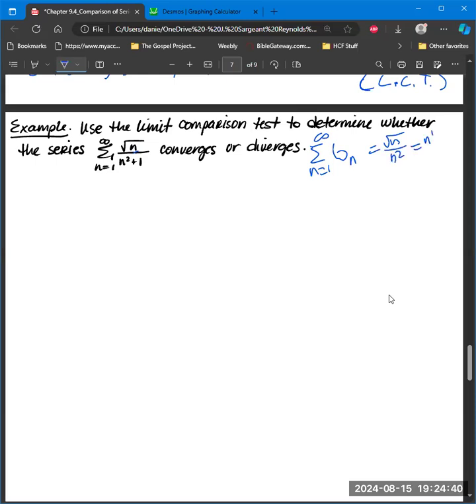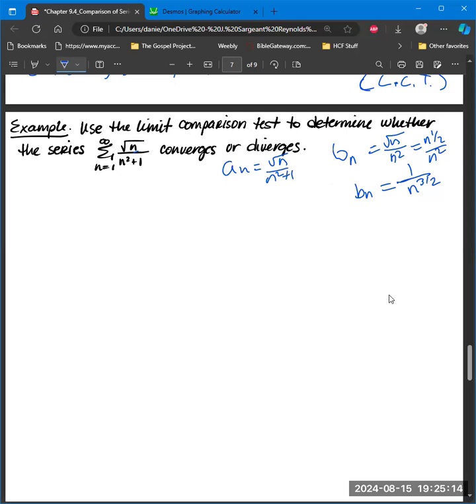That's going to be n to the 1/2 over n squared. b_n is going to be 1 over n to the 3/2. So a_n is going to be this right here.